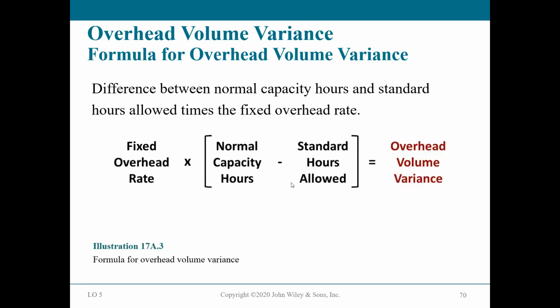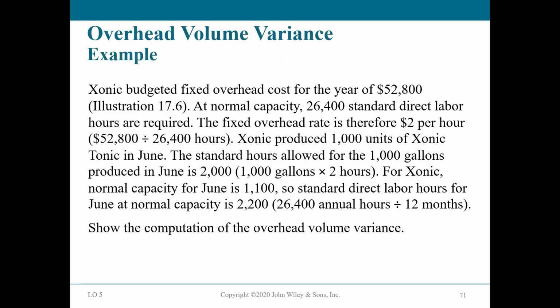Now looking at the overhead volume variance, we look at the fixed overhead rate times the difference in normal capacity hours less the standard hours allowed. So in this case, we have budgeted fixed overhead costs for the year of 52,800. Normal capacity was 26,400 direct labor hours. The fixed overhead rate was therefore $2 per hour, 52,800 divided by 26,400.